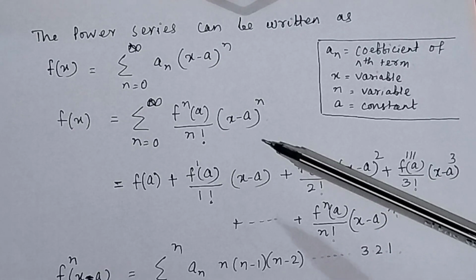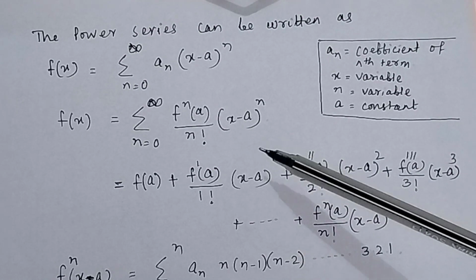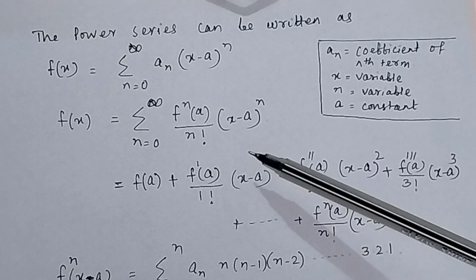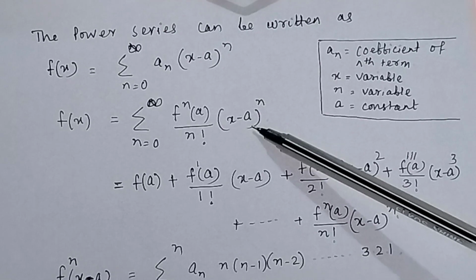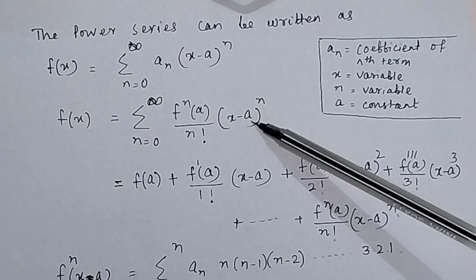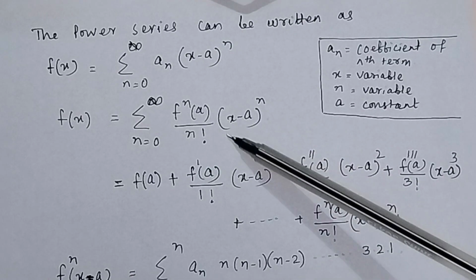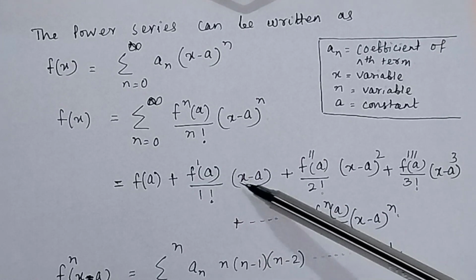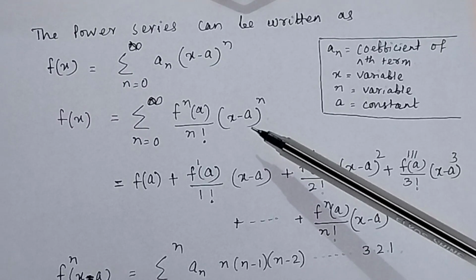So why do we use Taylor series? We use Taylor series to find out the nature of a graph or a curve at a point. Suppose you have a point A. If you take higher derivatives, the nature of the graph will change.